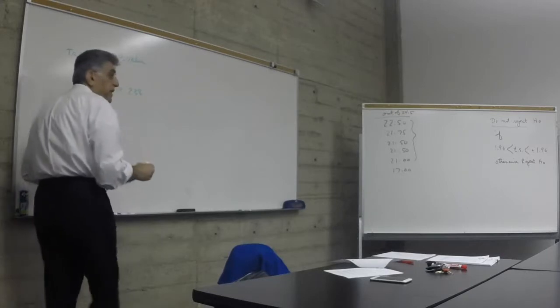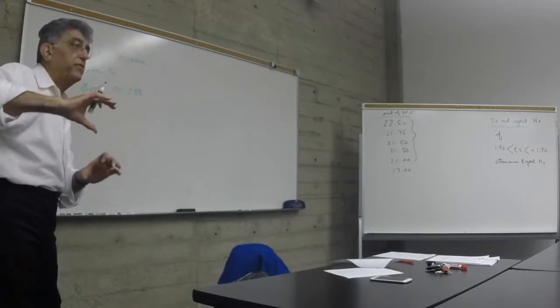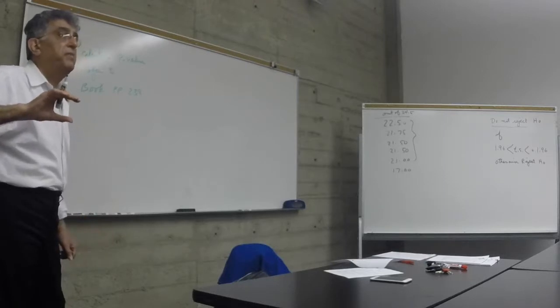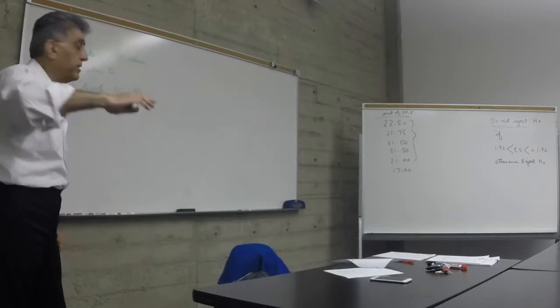In the middle of the page, there are some guidelines for how to calculate the p-value for a two-tail test, upper tail, lower tail.